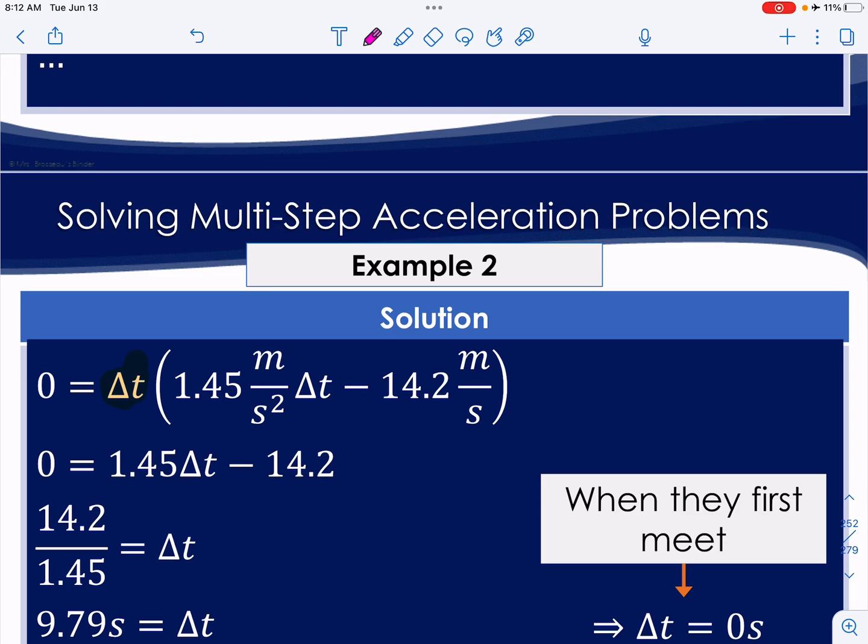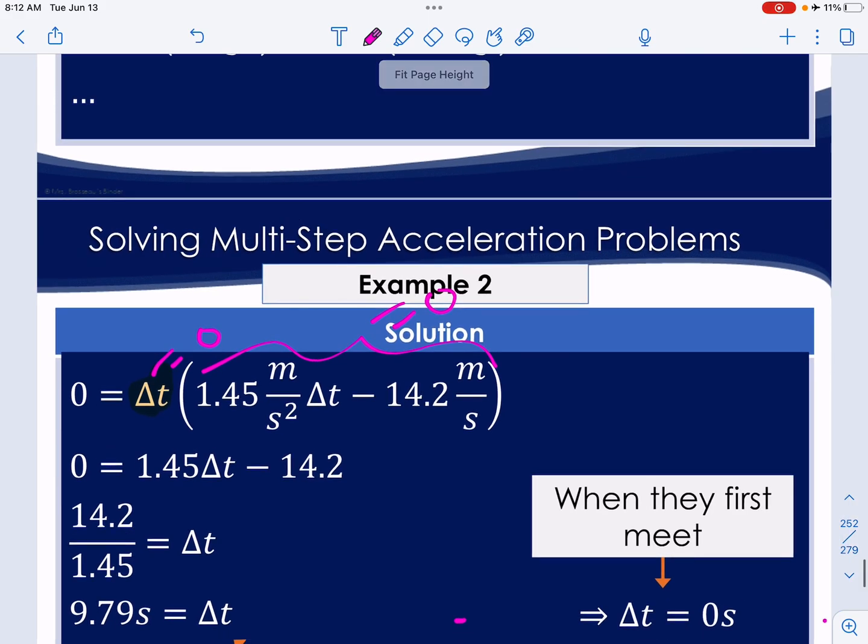So you can basically say either this equals 0 or this equals 0, because 0 times a number equals 0. So one of those would have to be 0. And we know that delta T isn't 0, so we can eliminate this and just solve for this.